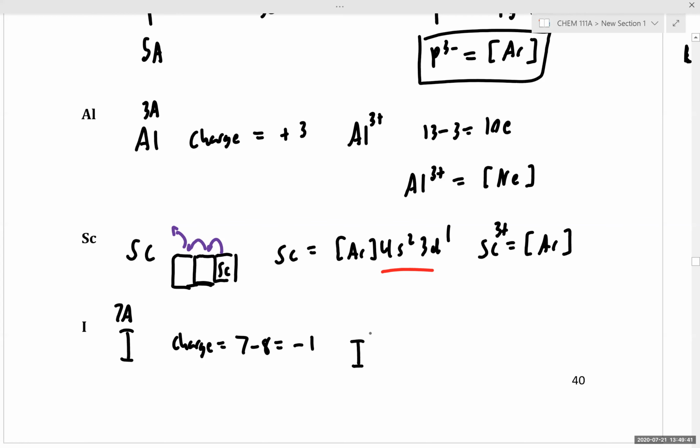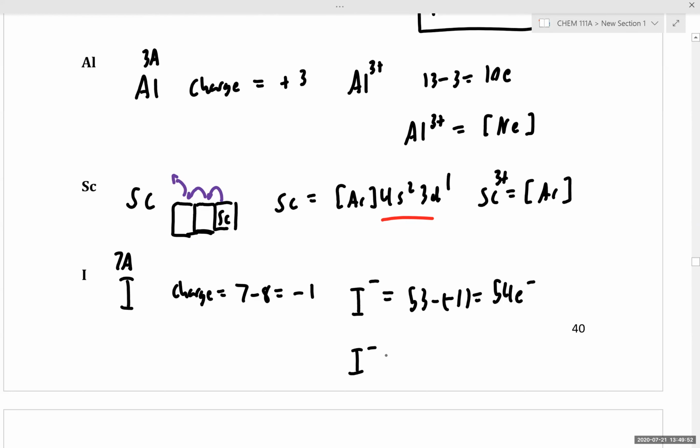So for I-, we'd expect 53 minus -1, which gives us 54 electrons. So iodide, I-, would match the configuration of xenon.